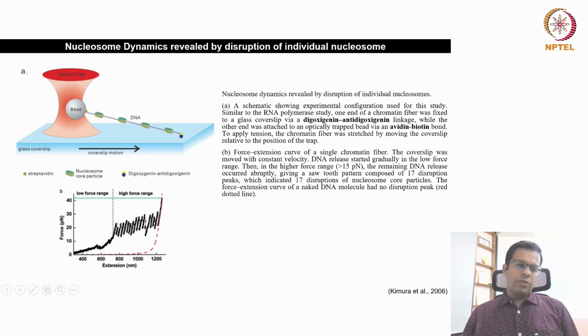When the first nucleosome was opened, it gave this abrupt reduction in the force. Again, when the second nucleosome was opened, it gave this kind of abrupt reduction in the force. So such 17 peaks were observed. That means this nucleosomal DNA contains 17 nucleosomes.